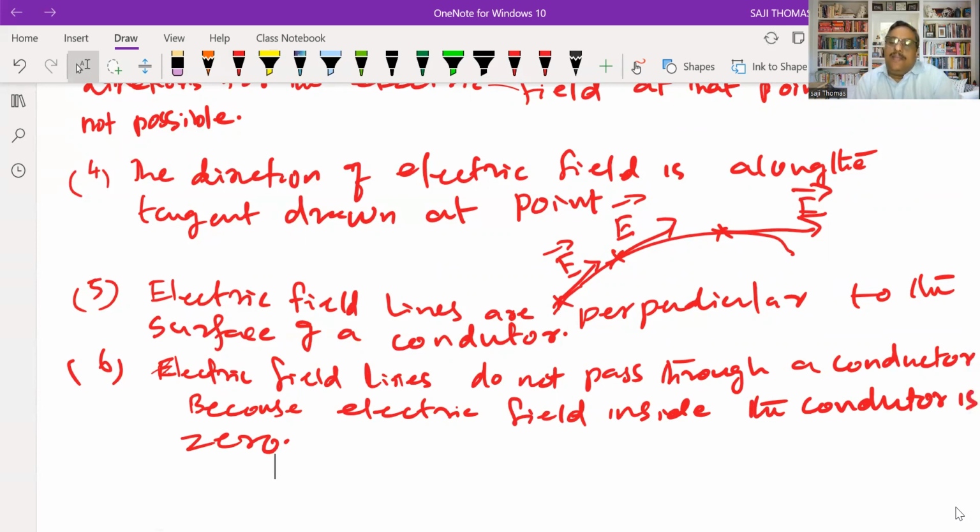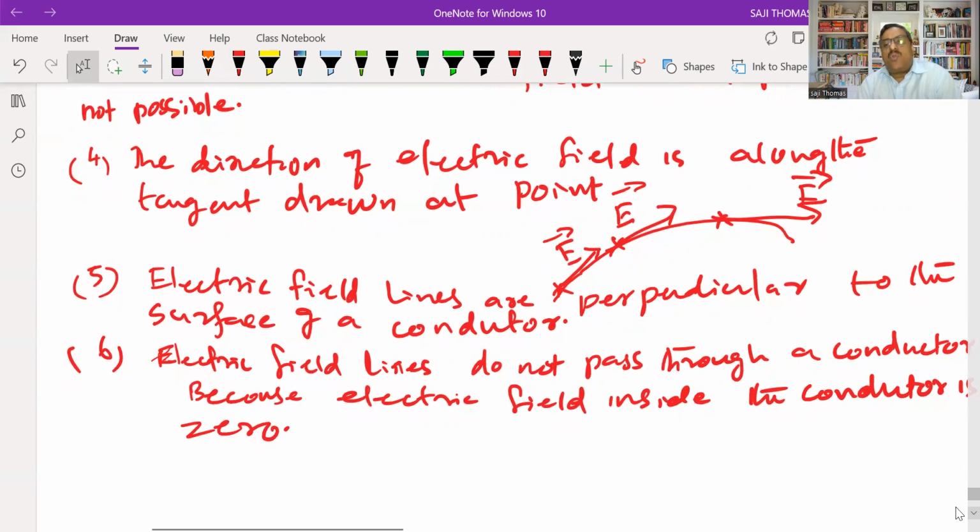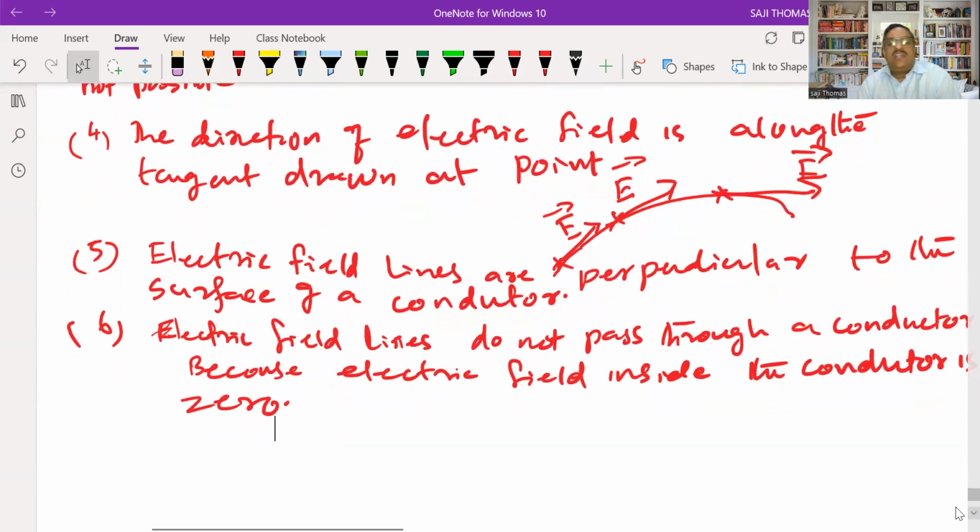Now another property: electric field lines are crowded in the regions of stronger field. When the field is stronger, field lines are crowded.